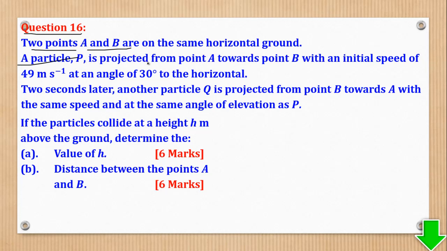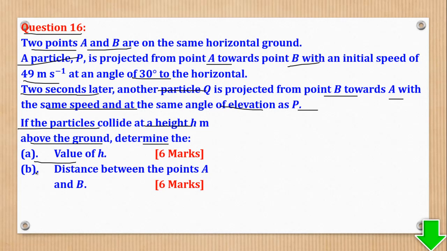A particle P is projected from A towards B with an initial speed of this at an angle of 30 degrees to the horizontal. 2 seconds later, another particle Q is projected from point B towards A with the same speed and at the same angle of elevation as P. If the particles collide at a height h above the ground, determine the value of h and the distance between the points A and B.